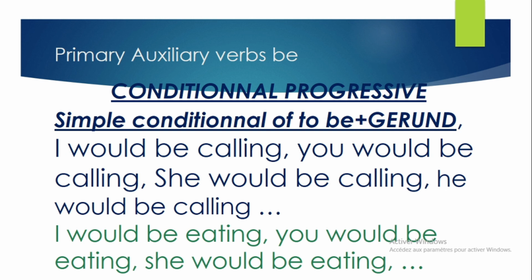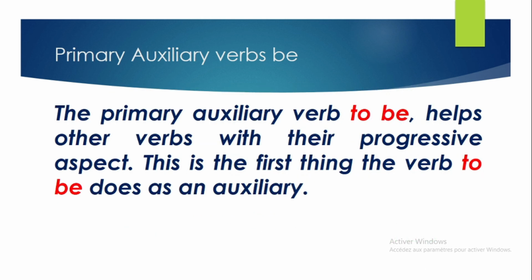Alright? So guys, this aspect, as you know, you can use it just to explain that you're busy. Okay? That means the progressive aspect expresses the idea of something that is in process. So, I just want you to know that if you want to express an ongoing action, you just need to use the progressive aspect of any verb, any action.